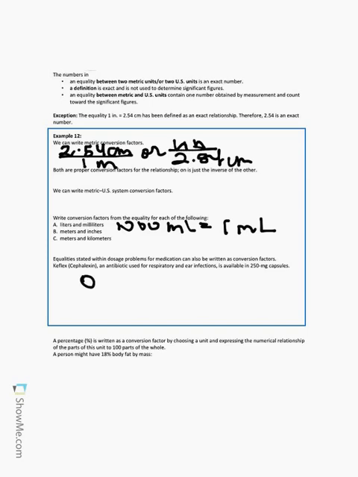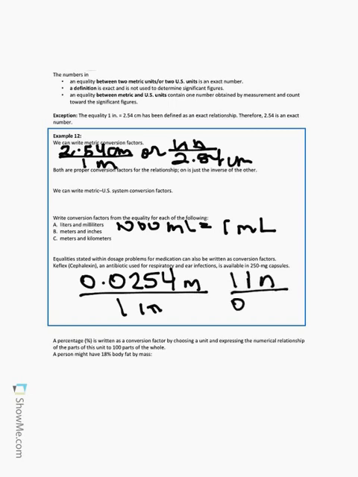There are 0.0254 meters in 1 inch. And vice versa. 1 inch has 0.0254 meters. Now let's erase this so we have room to deal with the next problem.